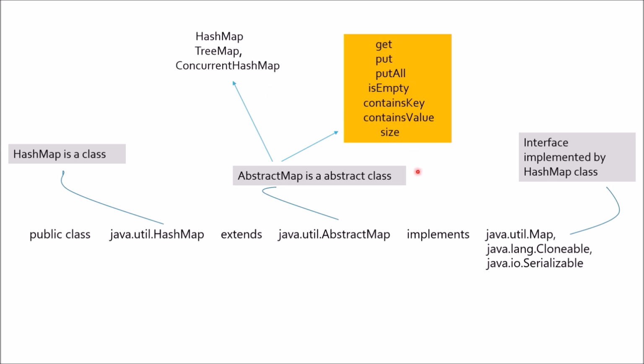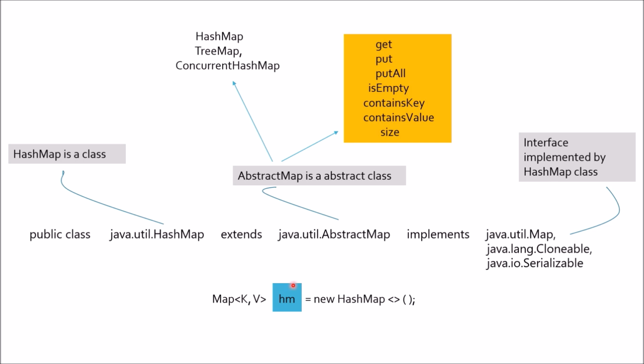Similarly, this HashMap class has implemented the Map, Cloneable, and Serializable interfaces. So if you're going to create an object of HashMap, you can pass the type of the key and value, and you're creating a new HashMap. Now this object of the HashMap will already contain the Map, Cloneable, and Serializable part.